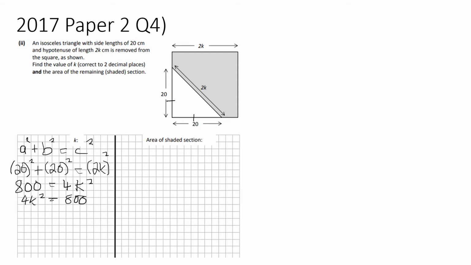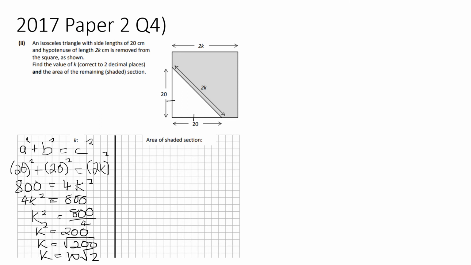Generally I just swap this around and make it easier for myself to read. I can see that if 4k squared is equal to 800, what is k squared? Well, divide 800 by 4 and you get that k squared is equal to 200. So what I'm going to do then is do the opposite, so square root. Square root of 200, and you get that k is equal to 10 root 2. I would just keep it in surd form for now.